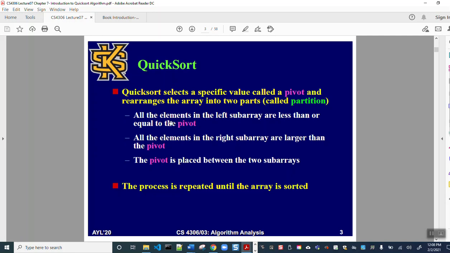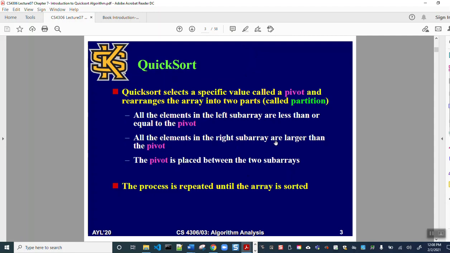So in all the elements, how do we divide the array into two subarrays? We select an element that we call the pivot element, and that will be the central. It may not be at the center, but we can say pivot means the central element.